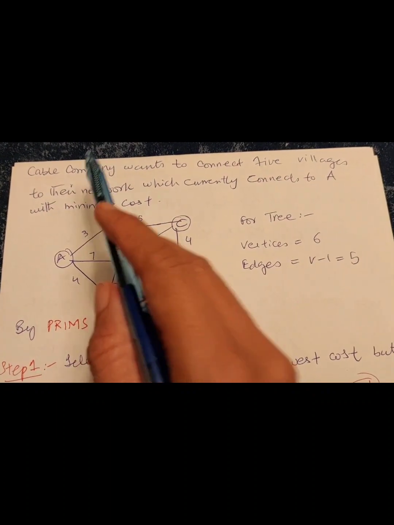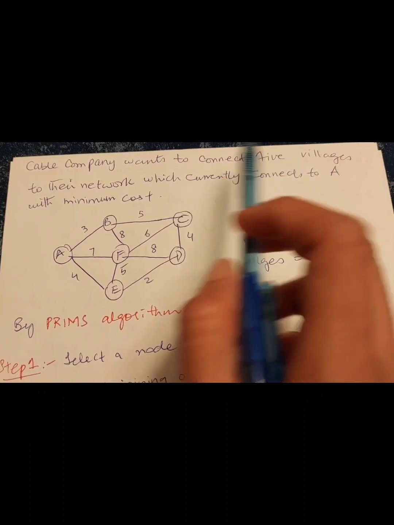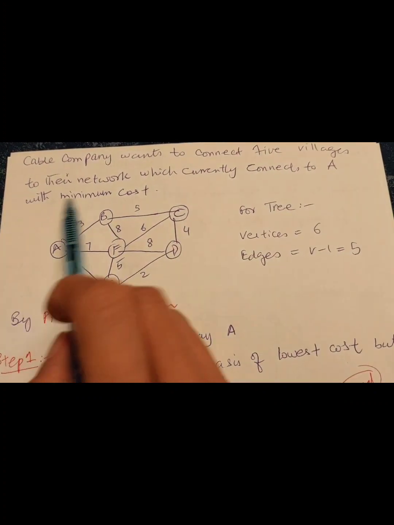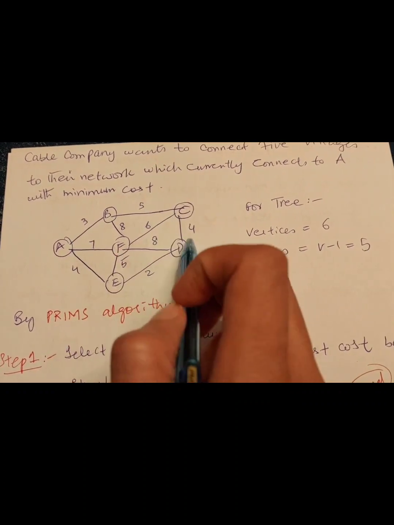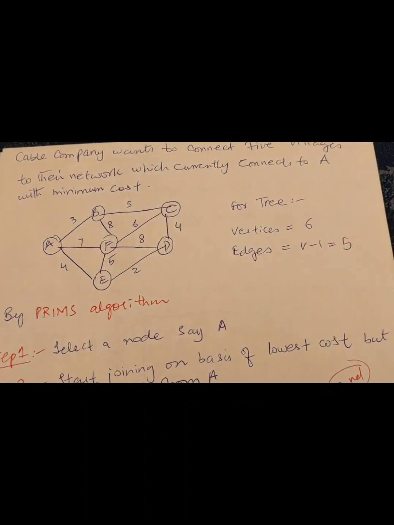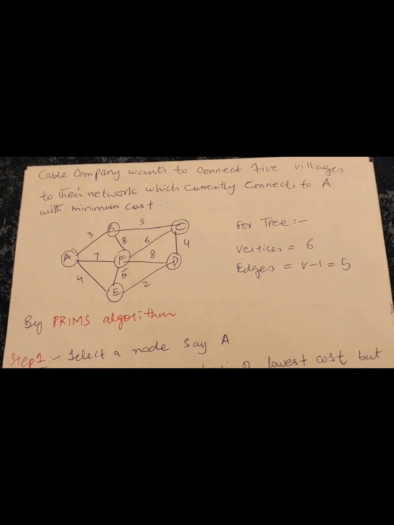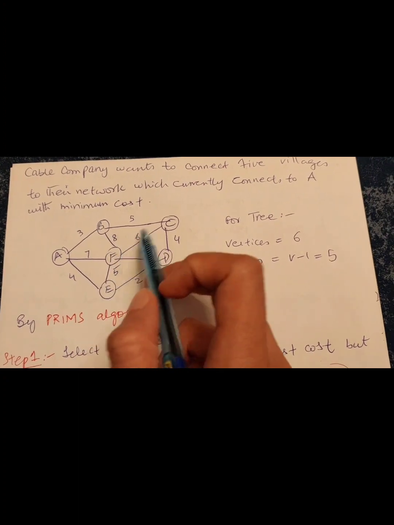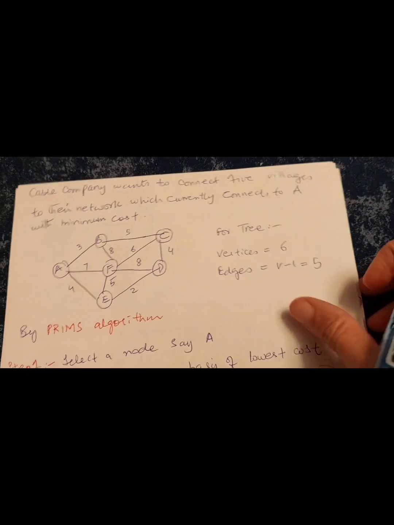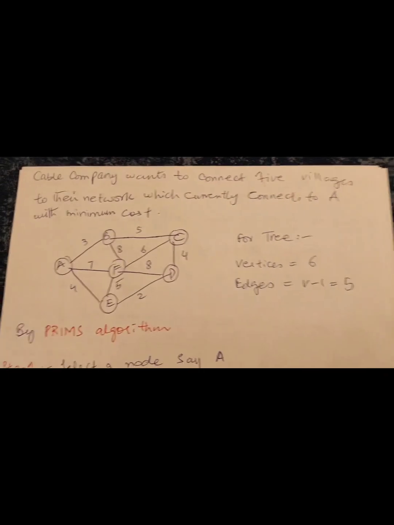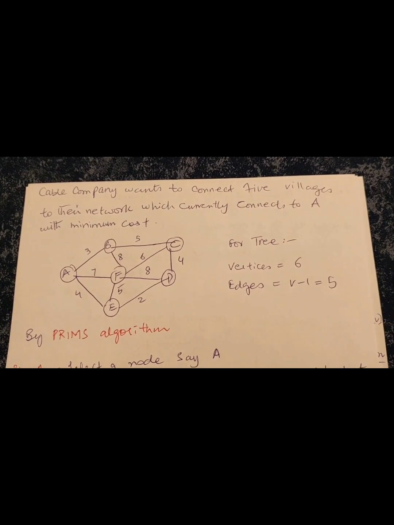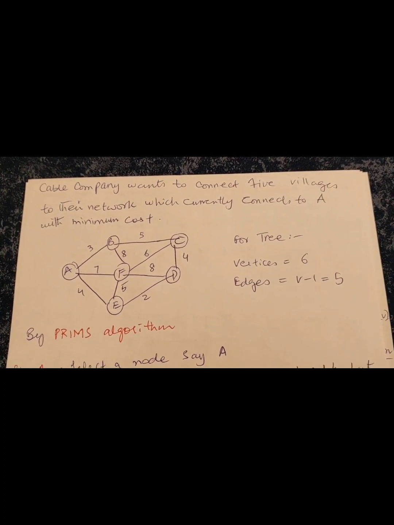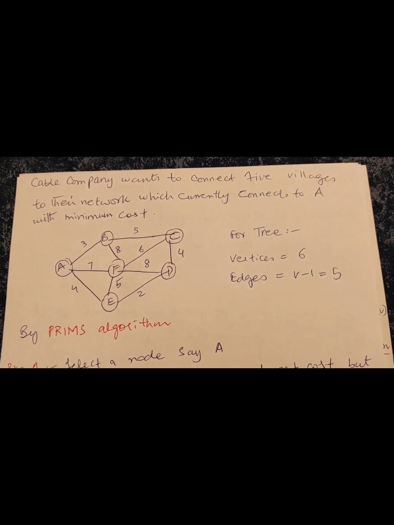There is a cable company that wants to connect 5 villages to their network, which currently connects to A with minimum cost. So we can see in this diagram that we have a cable company and we have cities A, B, C, D, E, and F. These are some cities, and the cable company has been asked that all these five cities or villages have to be given a cable connection, and the cost of the cable should be minimum.